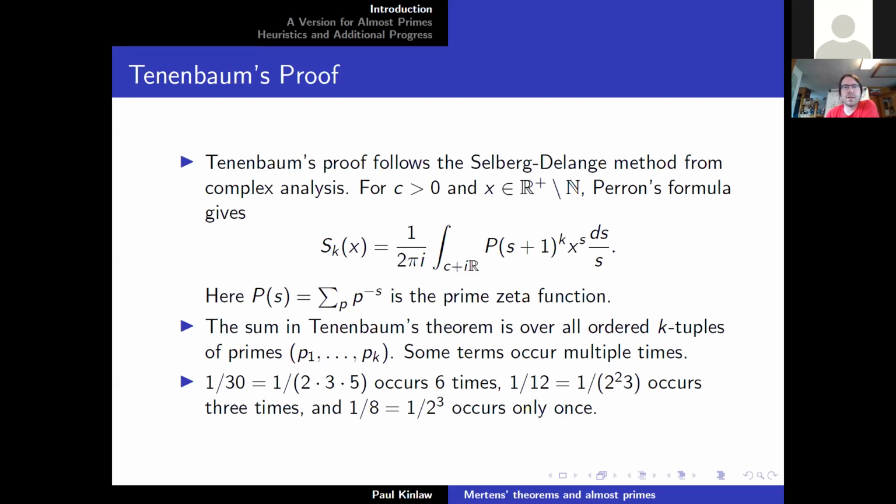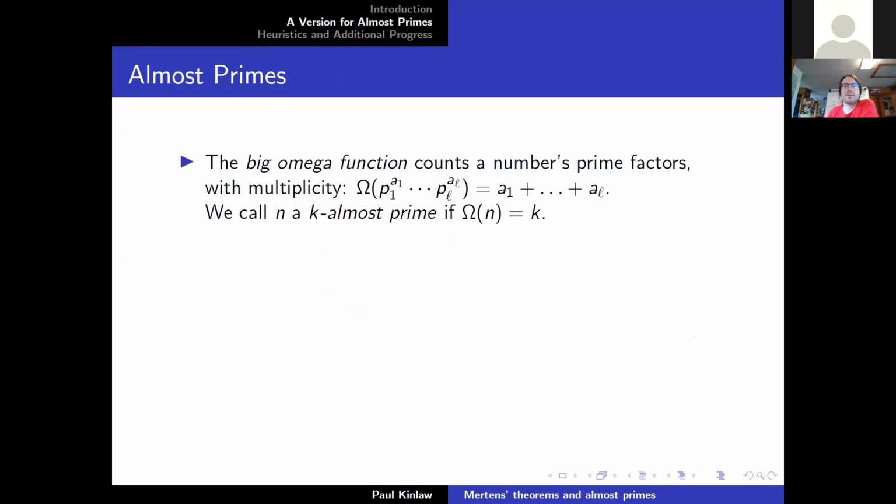On the other hand, 1/12 occurs 3 times: 2 times 2 times 3, 2 times 3 times 2, and so on. And then 1/8 occurs only once, because we can only represent it as 2 times 2 times 2. So we wanted to find a generalization where each term is counted once and only once.